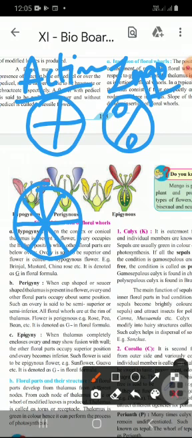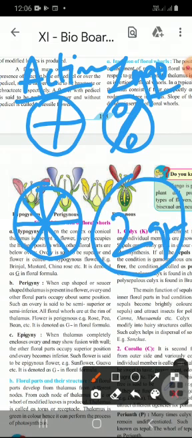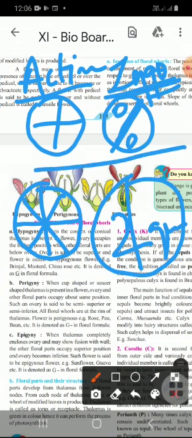Whereas in zygomorphic, I showed you that pea flower, it has a particular line from where you can divide and you get only two equal parts, right? Only one line can be used for division. So that was zygomorphic. So don't forget to remember this sign. That will be there when you end this chapter.